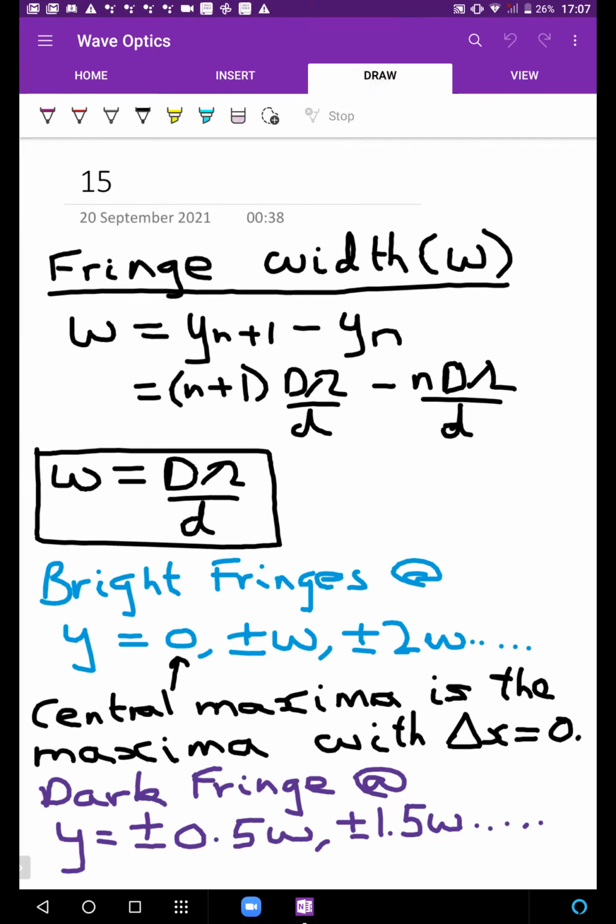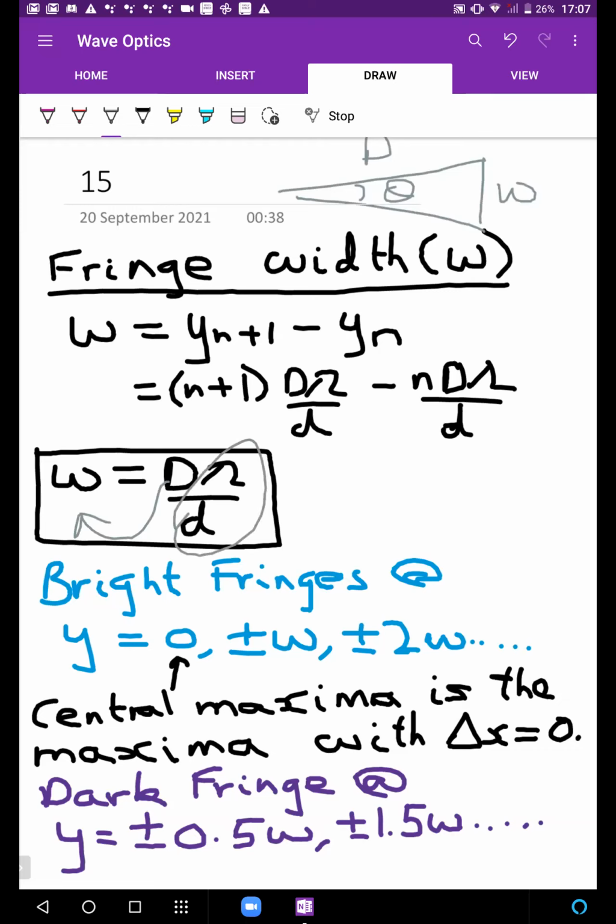And sometimes they talk about angular fringe width. So if this is the fringe width w and this distance is roughly D, the angular fringe width will be w by capital D, the angular separation. So angular fringe width becomes lambda by d.